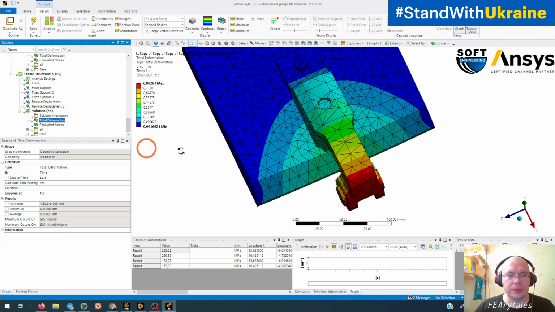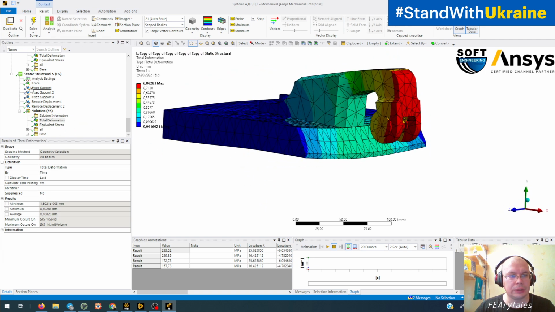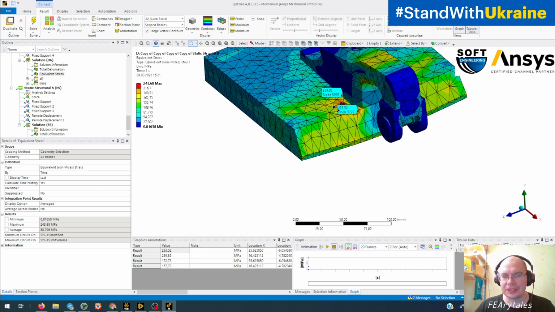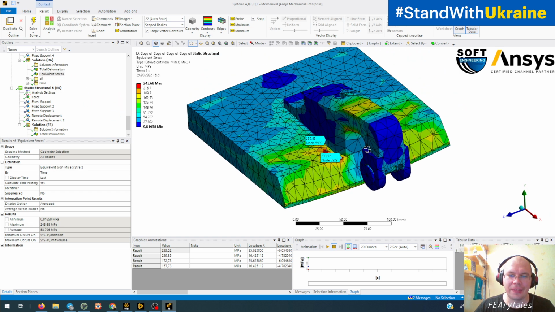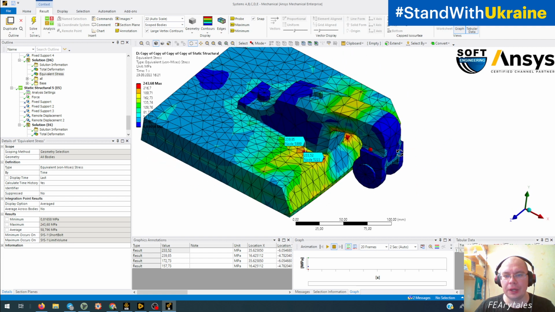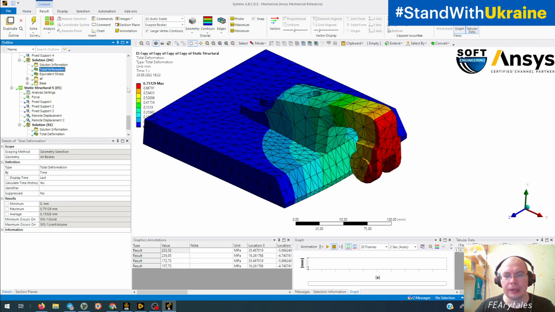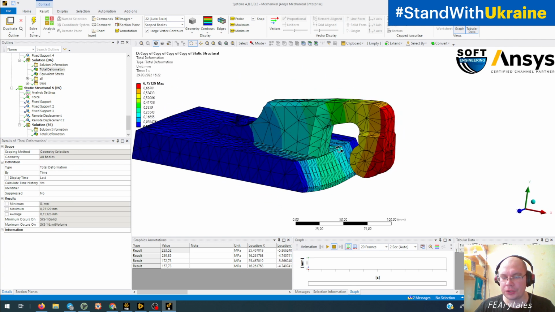And we have bigger deformation, and it's also almost 1.5 times more.